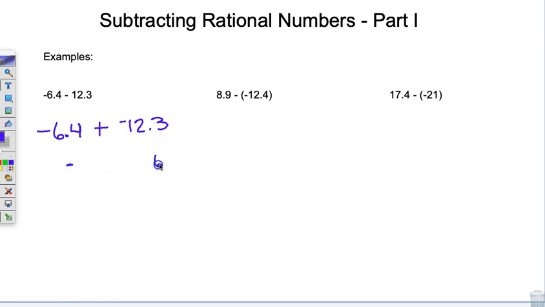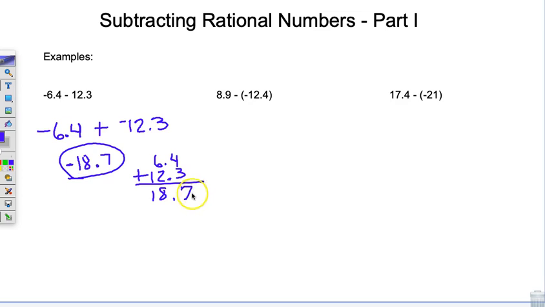I can simply go ahead and align them. As long as my decimals are completely in a row and I'm just adding them together, it should look like that. And the sign is definitely negative since they were both negative numbers, negative 18.7.